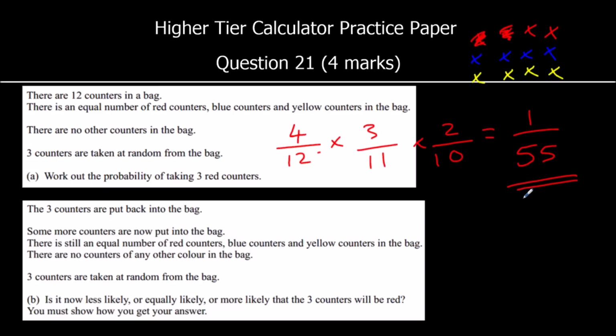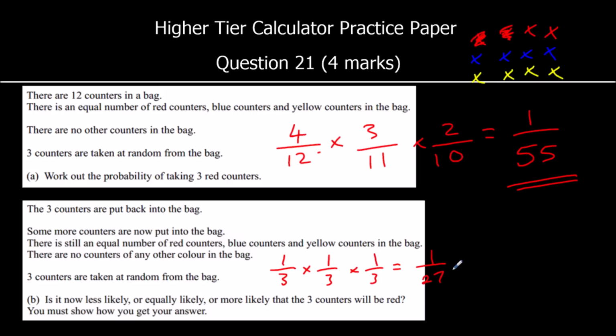So if there's loads and loads of counters, if there's hundreds of each colour, the more you get in, the closer it's going to be to these probabilities staying the same every time. If there's an infinite number of counters, it's going to be a third times a third times a third, which would be 1/27.